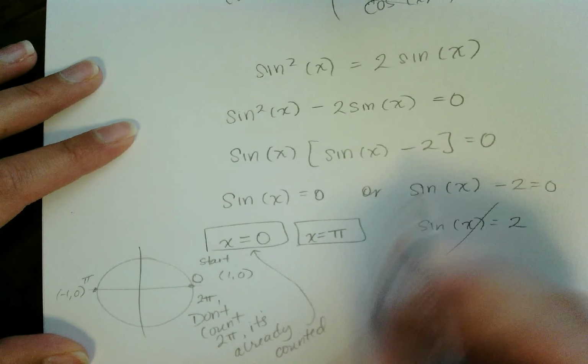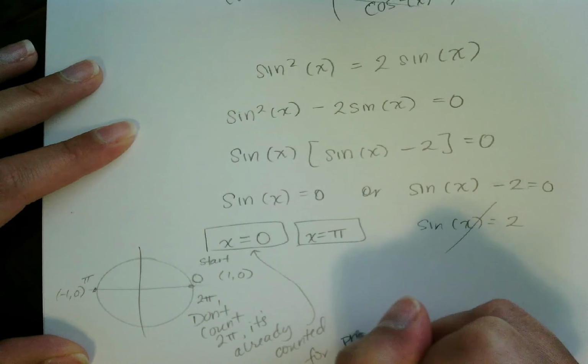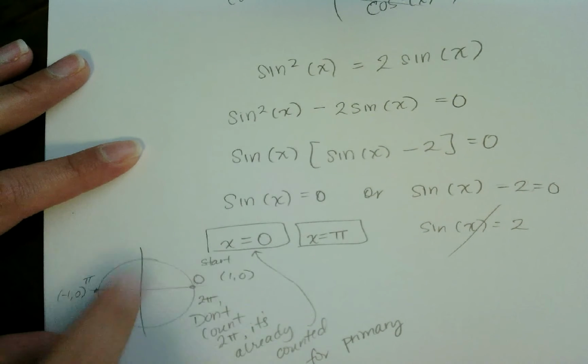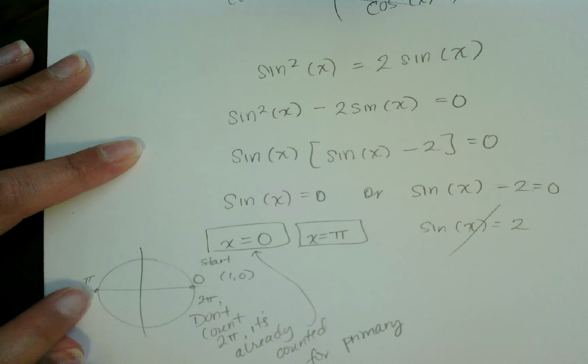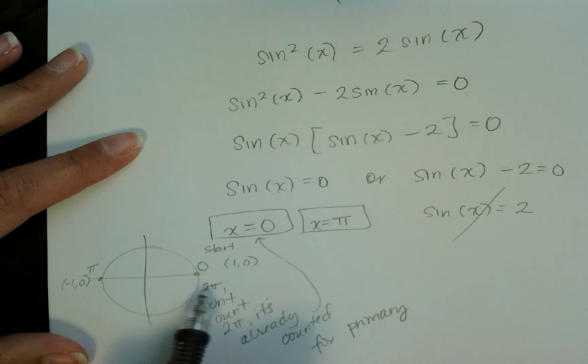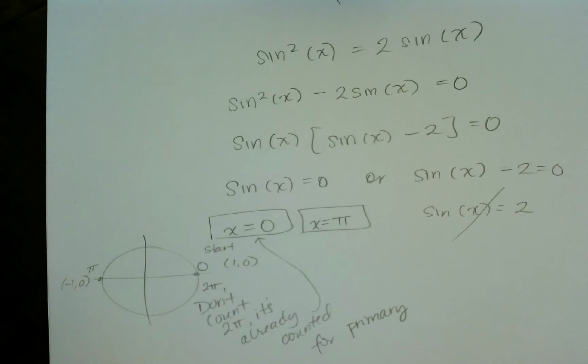So that's for your primary. When you do all, that's when you would do 2 pi k, and you would keep counting that spot over and over. It's the same with this one. So you never count that guy twice if it only wants primary.